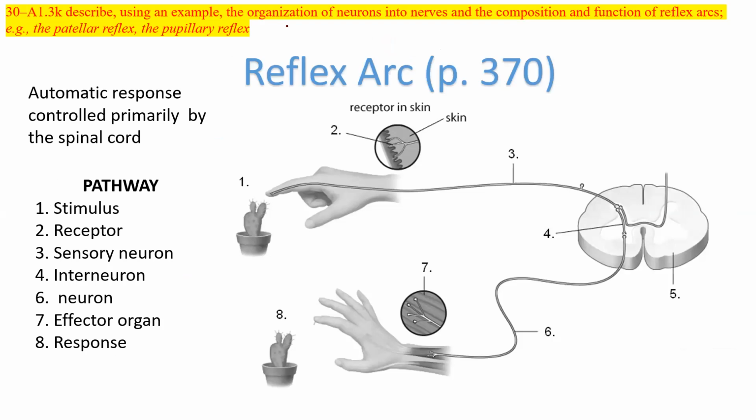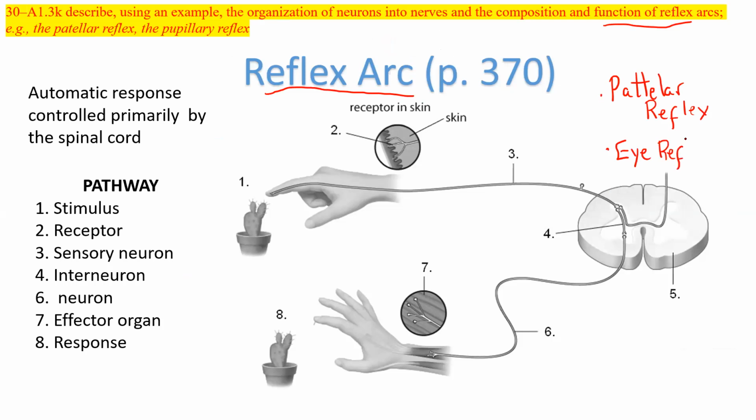Describe using an example the organized neurons and the function of reflexes. The reflex arc. When you go to the doctor and the doctor taps your knee, he's checking your patellar reflex. Sometimes the doctor will shine a light in your eye and they are checking your eye reflex.